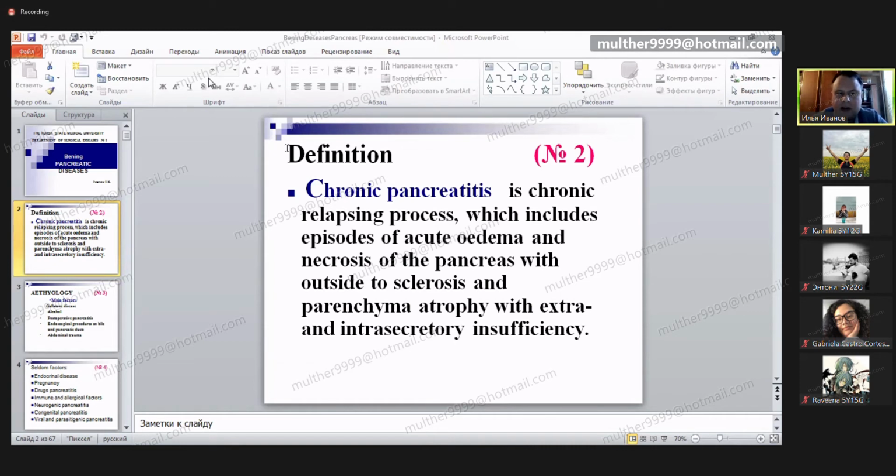And the final duration of the second stage is 2 weeks. And the final stage is the stage of the purulent complications.